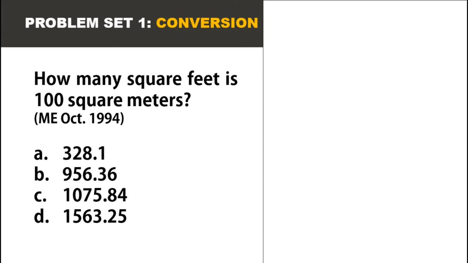How many square feet is 100 square meters? So this is actually an ME board, October 1994. So you have the conversion, 1 meter is equal to 3.28 feet. To convert this, we have 100 square meters. So we have the conversion here.